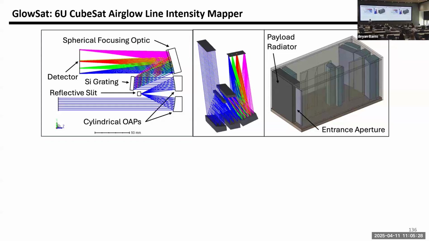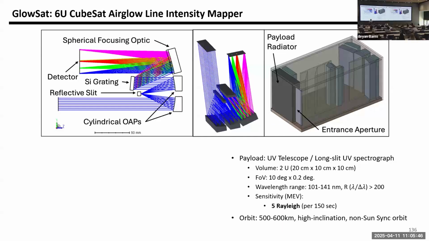I have put this optics into a 2U volume, the payload volume in the 6U CubeSat, enabling the far UV spectroscopic observation with a bunch of mirrors and gratings. And this is the combination of a UV telescope along with a long-slit UV spectrograph with a quite large field of view so that we can survey a large area at the same time with sensitivity to detect the airglow lines.